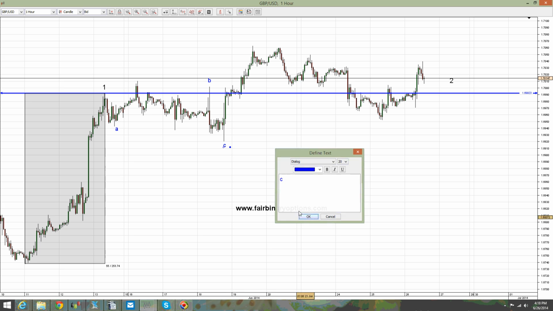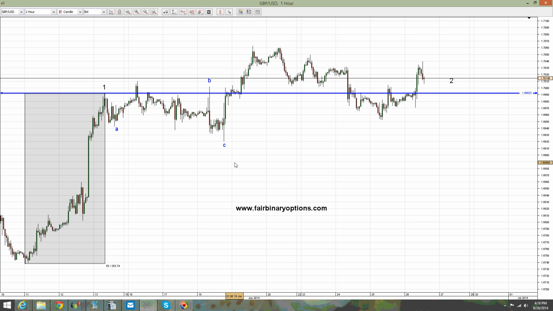So ABC. Then the market moves to the upside aggressively, and this move here is forming a so-called triangle or a pennant, as a continuation pattern with moves that are almost equal. Take a look at these moves here. These moves from here to here are almost equal, like this.